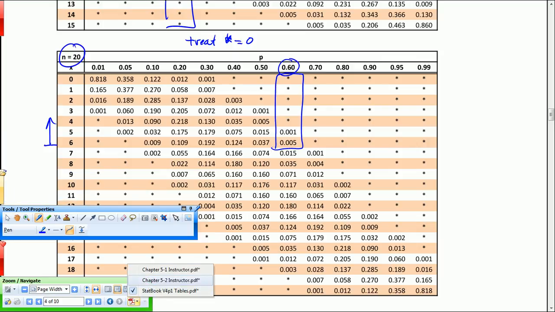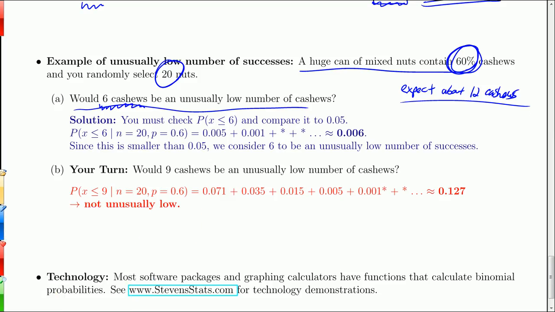And the thing to notice about that is that it's 0.0006. Don't let the 6 and 5 thing confuse you. That is smaller than 0.05, and it has an extra 0. So 6 would certainly be an unusually low number of successes, because the probability of getting 6 or fewer is small. How small? Smaller than 0.05.